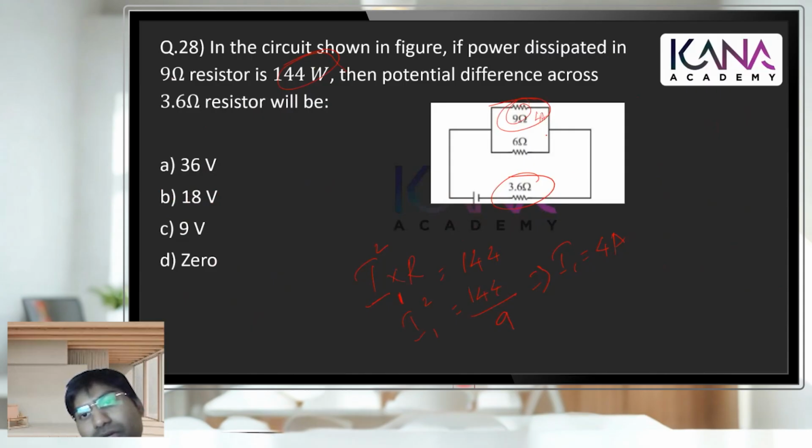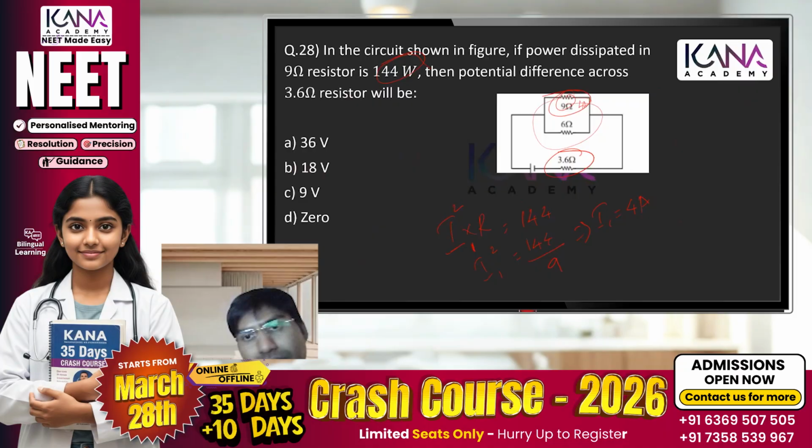Okay, so we know that in parallel the voltage is going to be the same. So if the current here is 4 amps, then this one is I1, this is I2. Okay, so we will get the I. So I is equal to I1 plus I2, right?